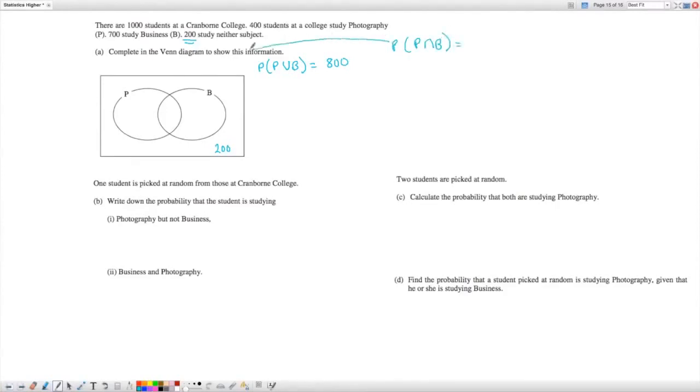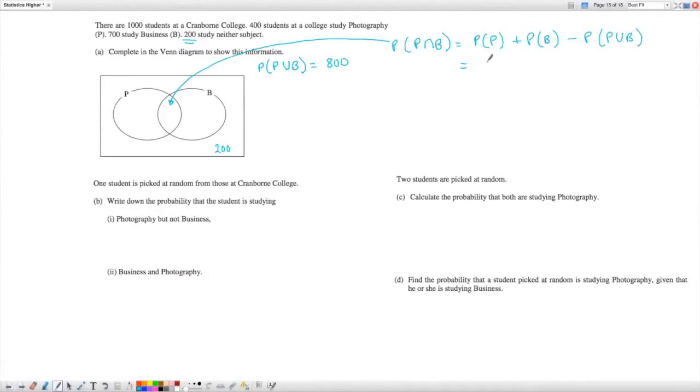And that will be the part here in the middle. To find that, we take the probability that they study photography, add the probability they study business, and subtract the probability that they study photography or business. So we're looking at numbers now, not probability, but it works in the same way as the addition rule.